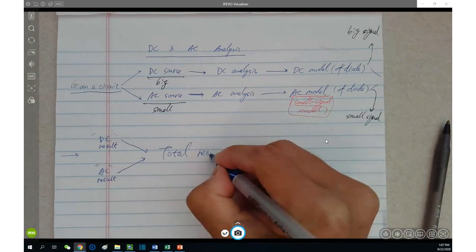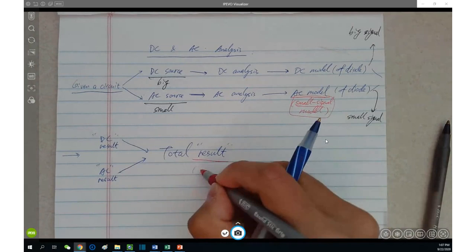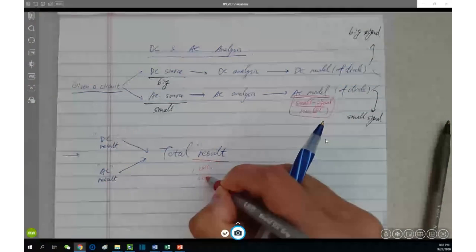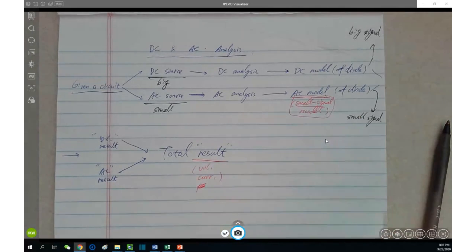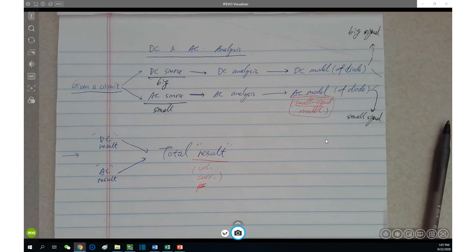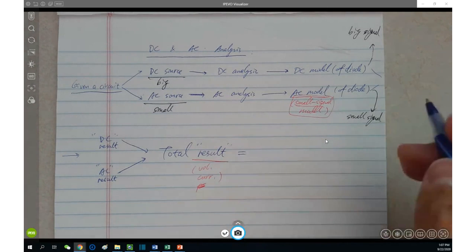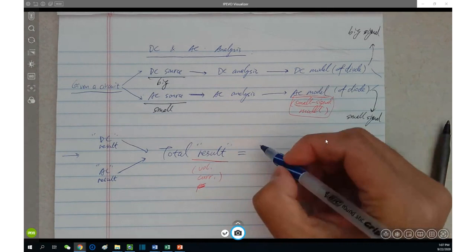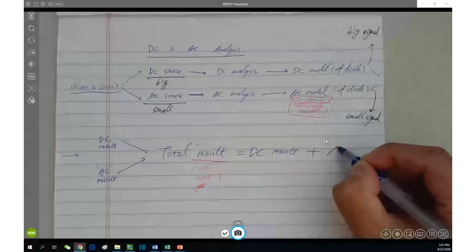By result, it might mean a voltage or a current, not power. Maybe you see why it's not about power. This total result, once again, either voltage or current, equals the DC result plus the AC result.